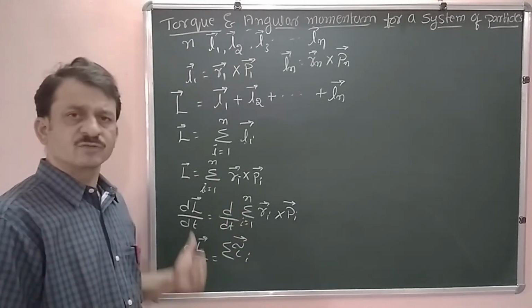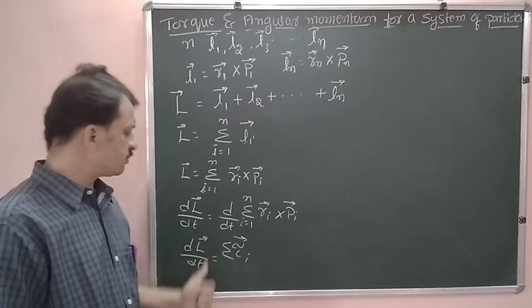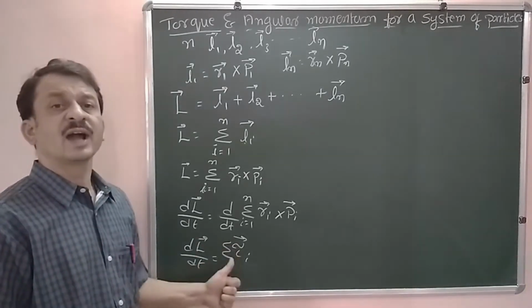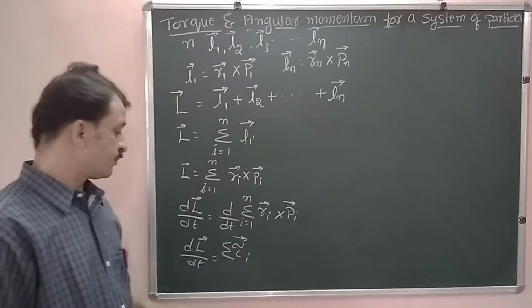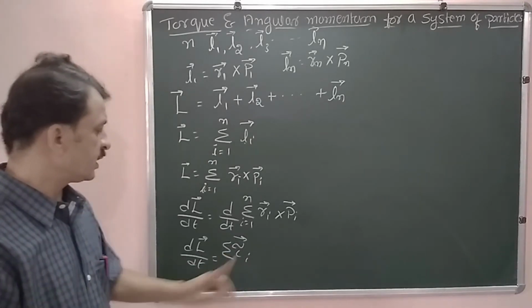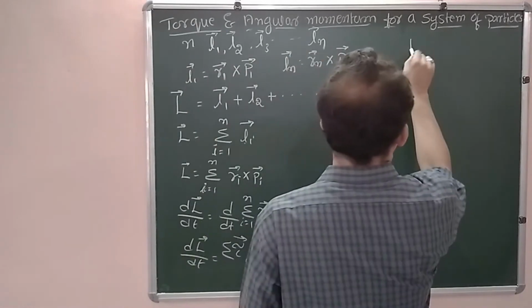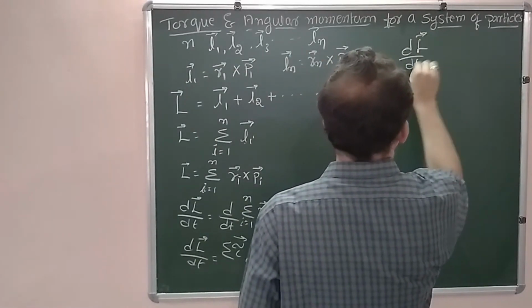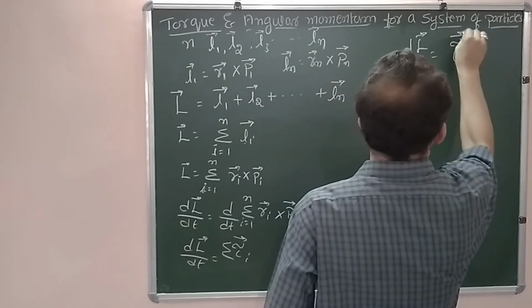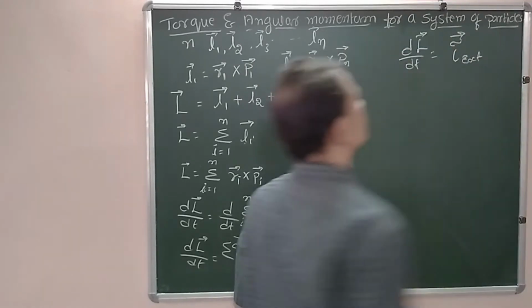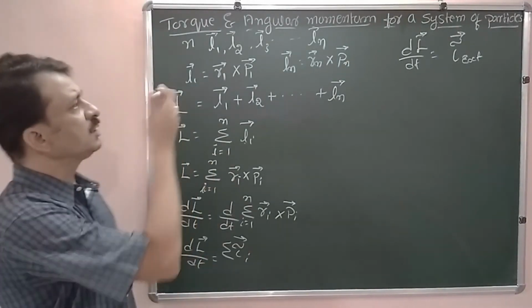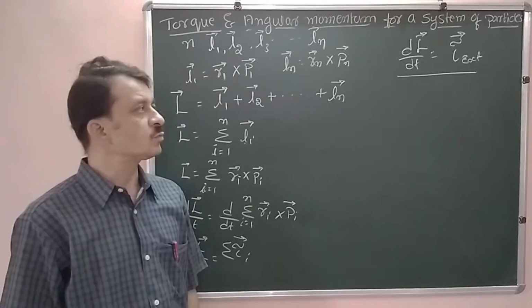Therefore, the time rate of change of angular momentum of a system of particles is equal to the external torque acting on that system. Or simply, dL by dt is equal to tau external.